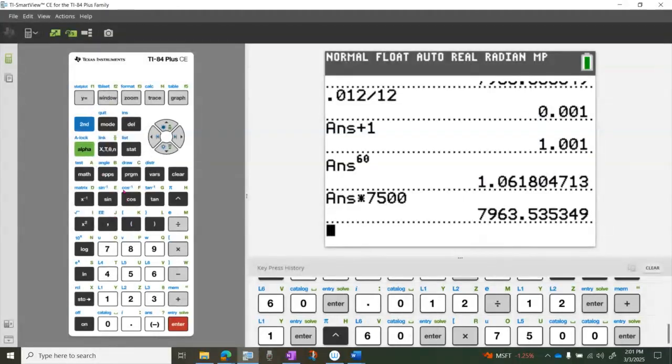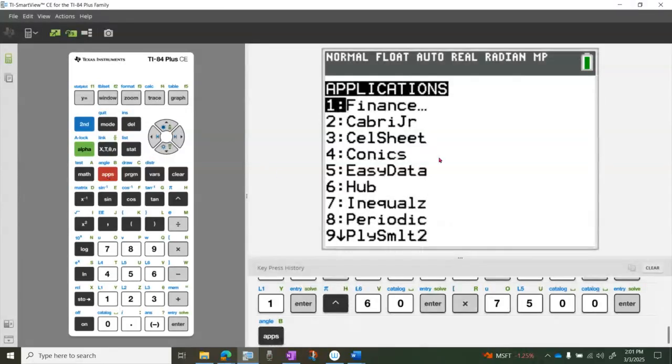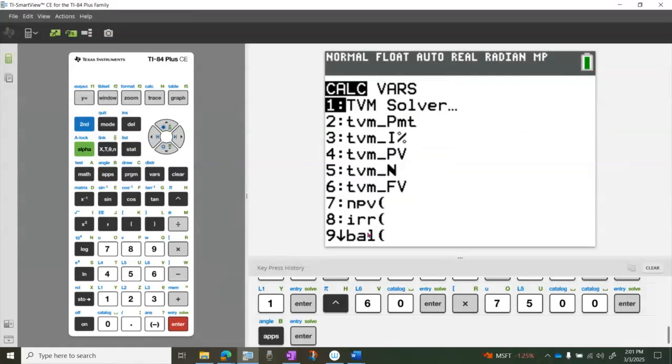In the TI-84 calculator, you should have a finance application. Some of your calculators have more than just a finance application. So do you see the key APPS? You click APPS and you have a lot of applications, right? We only use the first one, the finance application. So I confirm finance. And now you see the drop-down menu for calc.